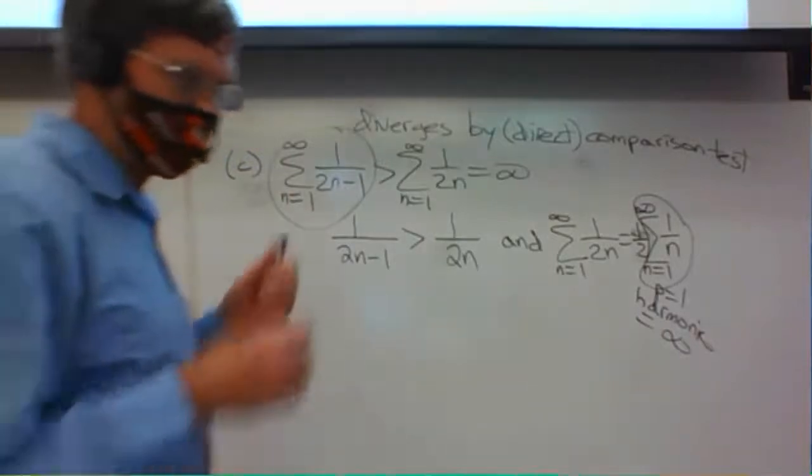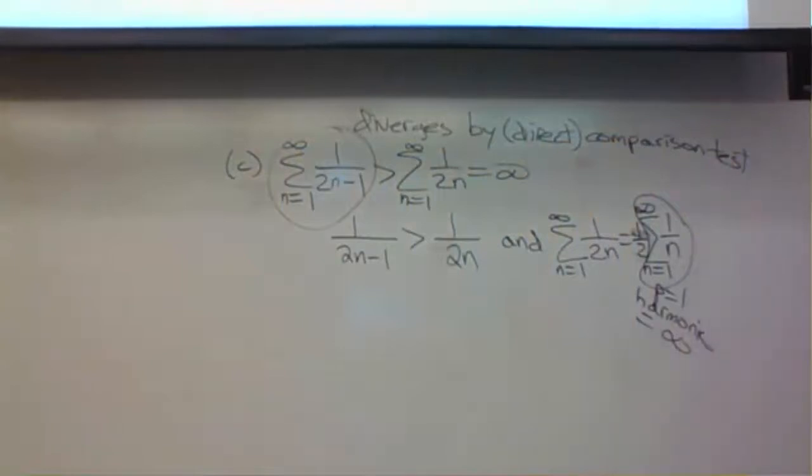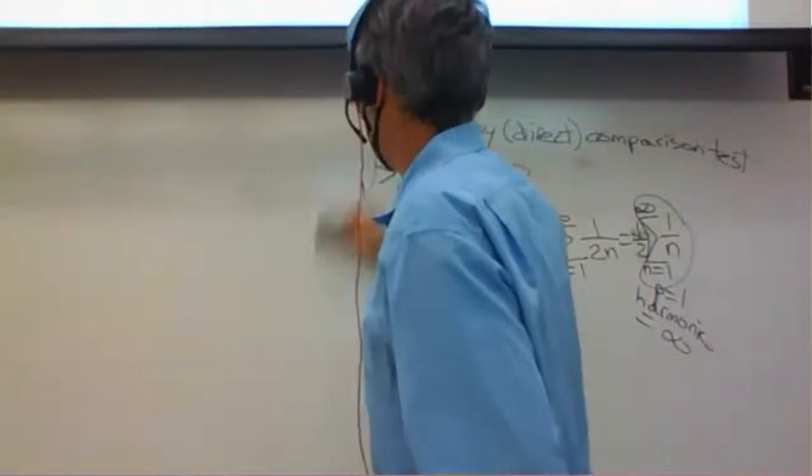All right, so let's look at some power series here. Suppose I give you one of these power series and I just said, find the radius and interval of convergence, right? Not what they converge to, but just what's the interval.